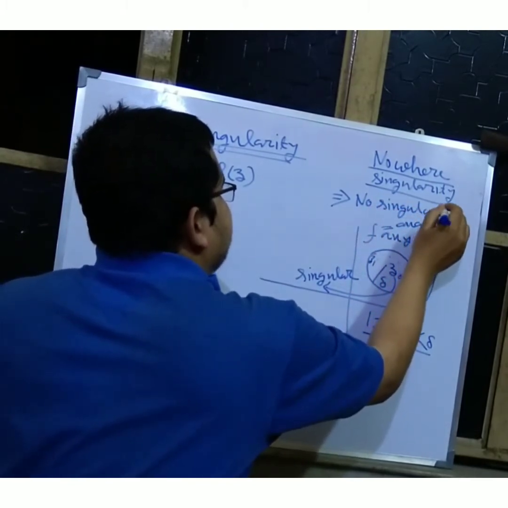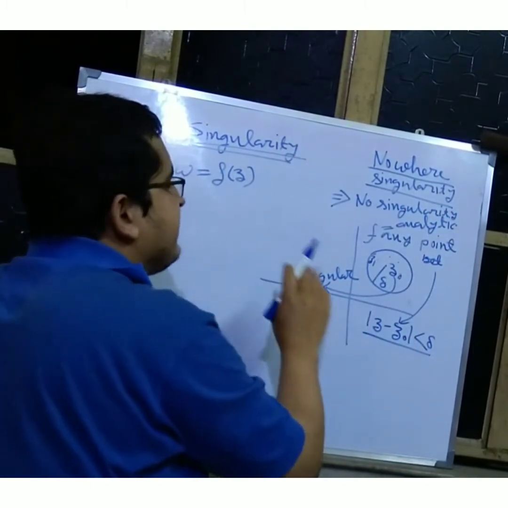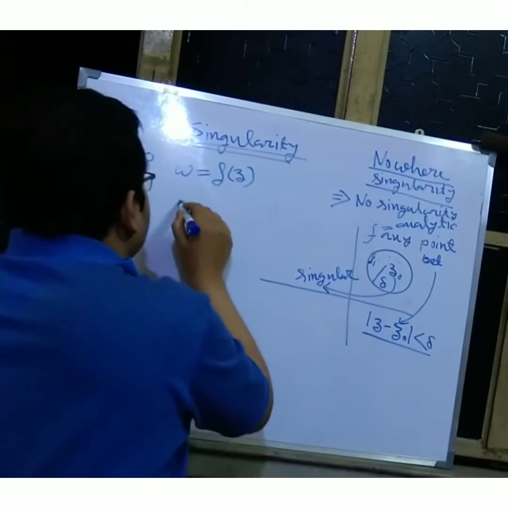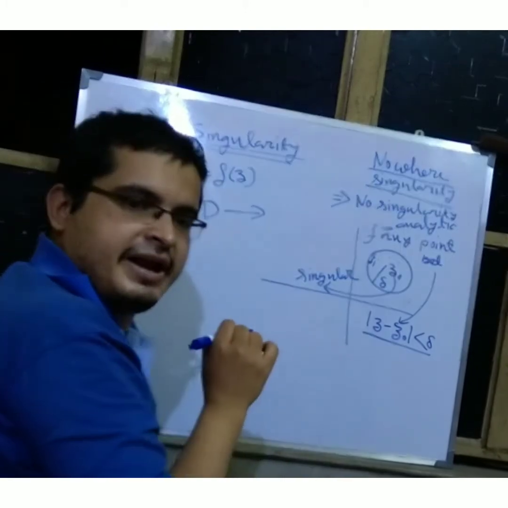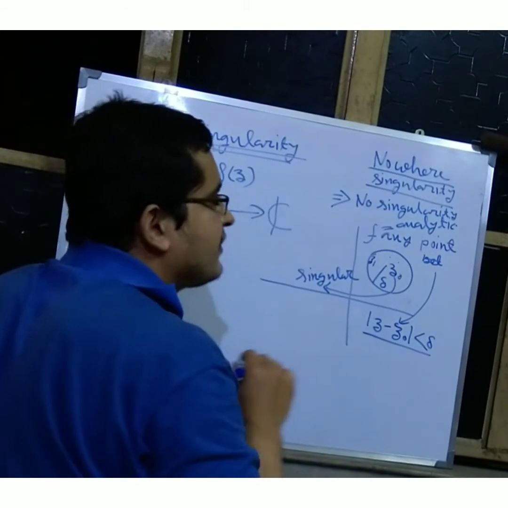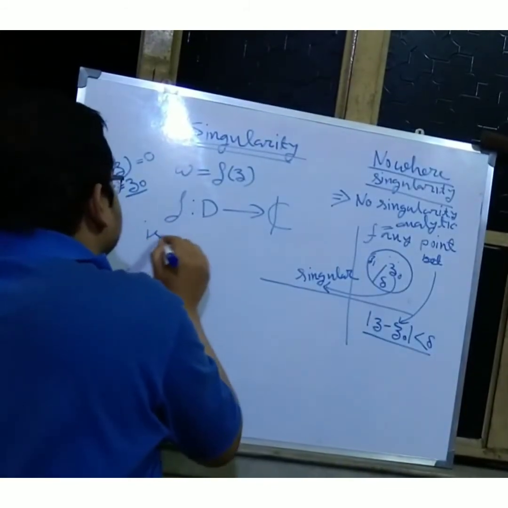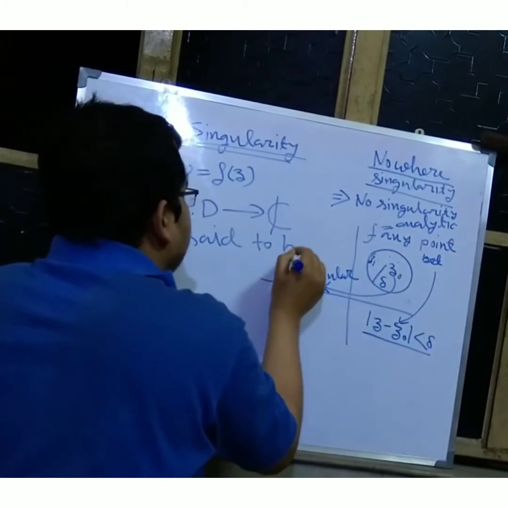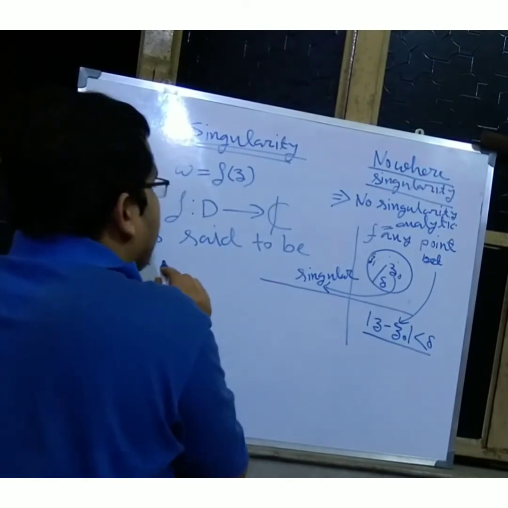You cannot get any singular point. And so friends, whatever I get, W equals f(z), such that D tends to C, for complex number, is said to be analytic.